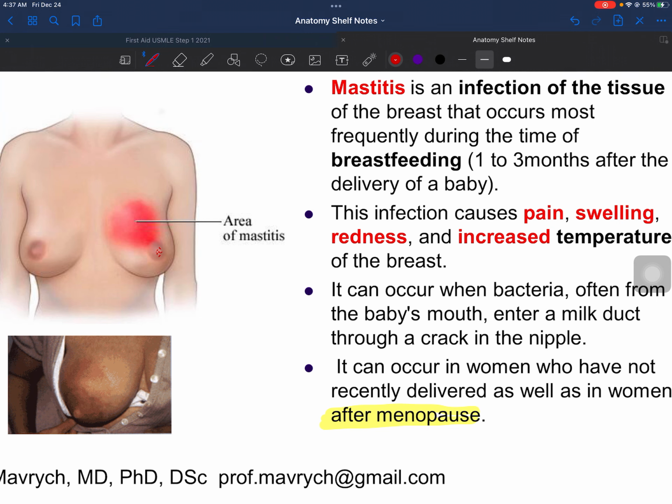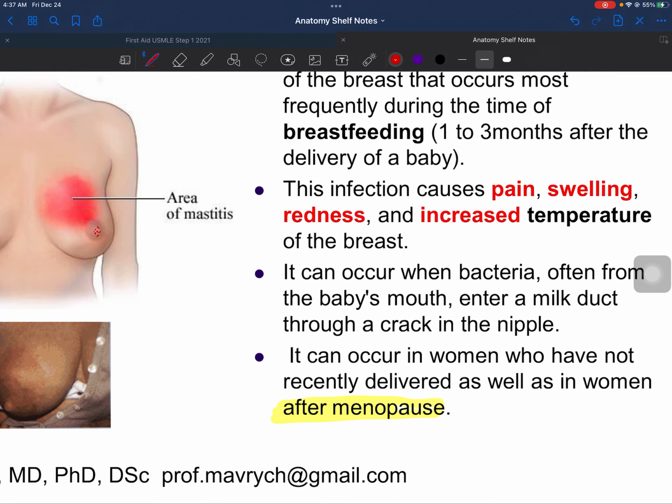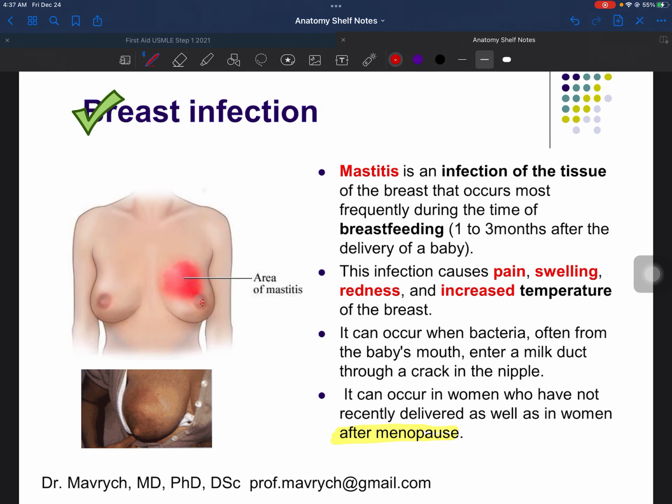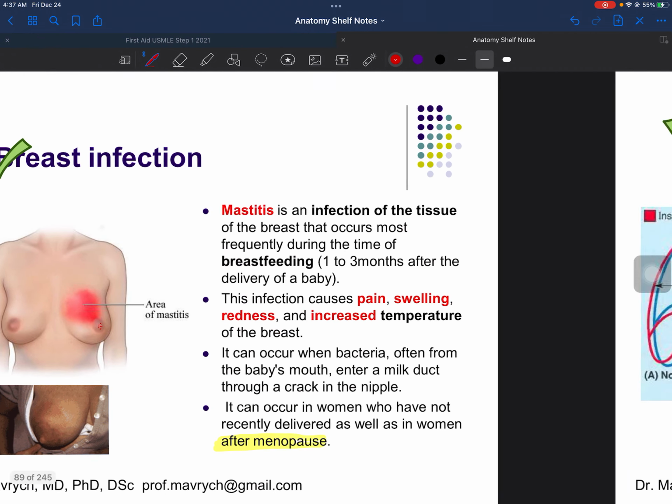It can also occur in women who have not recently delivered, as well as in women after menopause. So it can happen in any woman, and that is going to cause the mastitis.